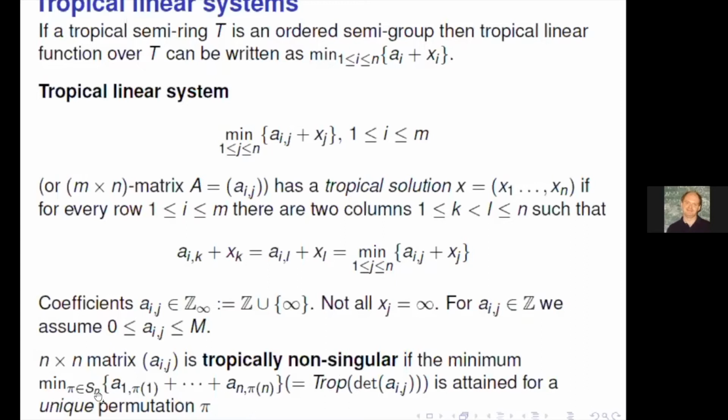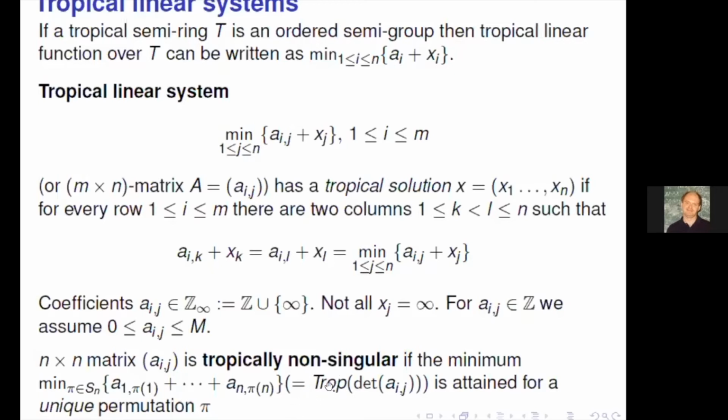So minimum replaces the sum over all the permutations, and each product in the usual formula for the determinant we replace by a sum of the corresponding elements, and we ignore the signs.